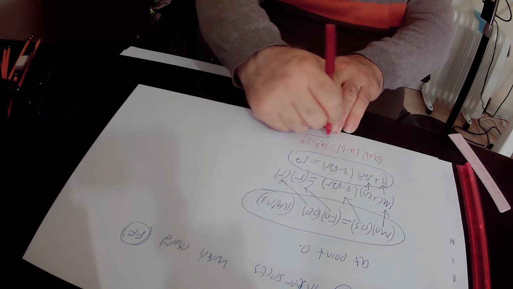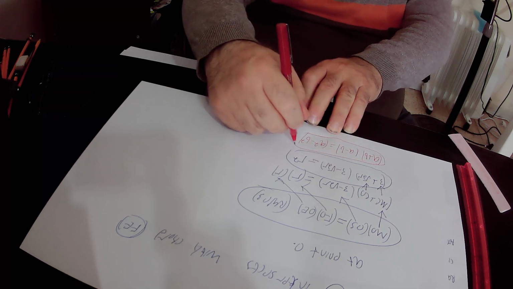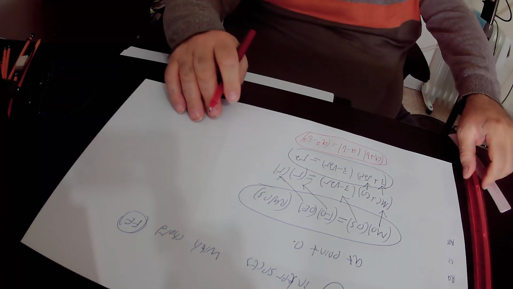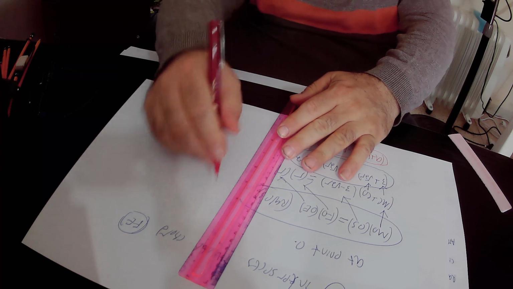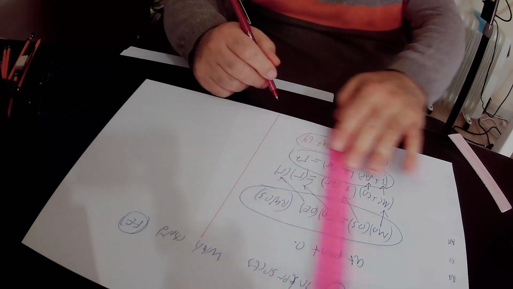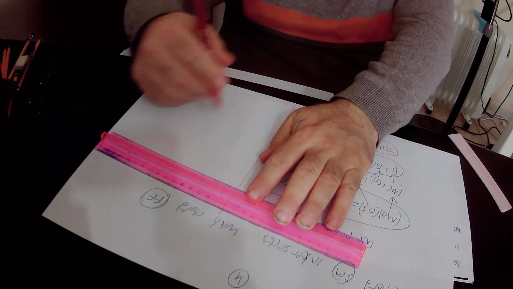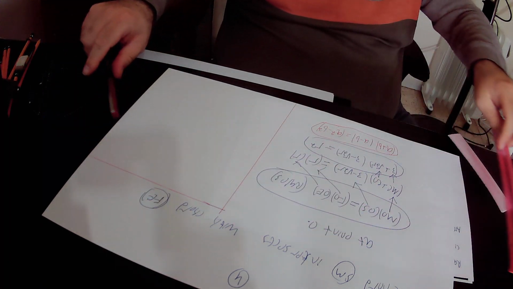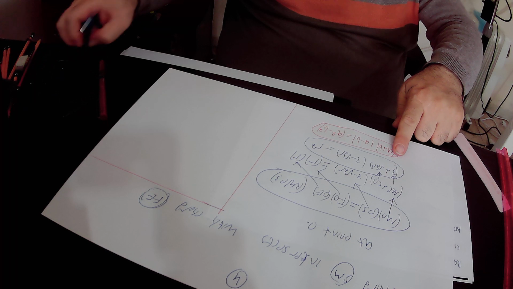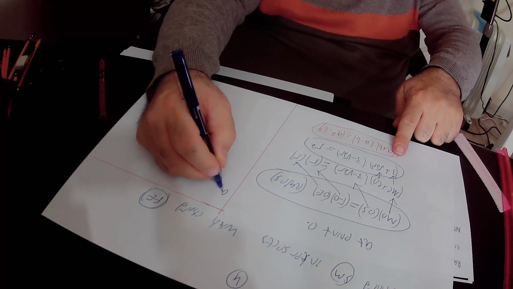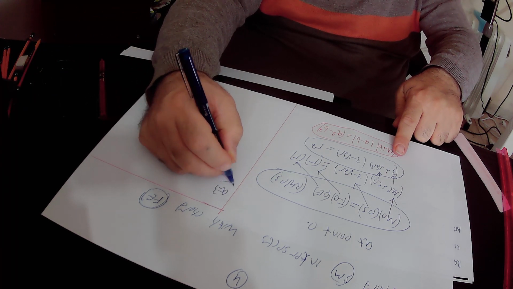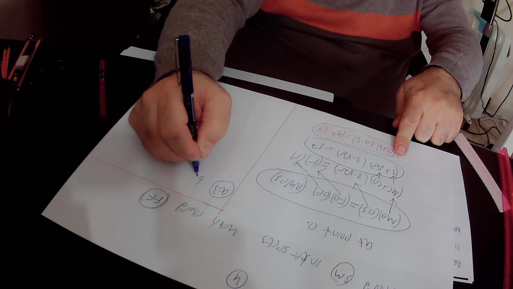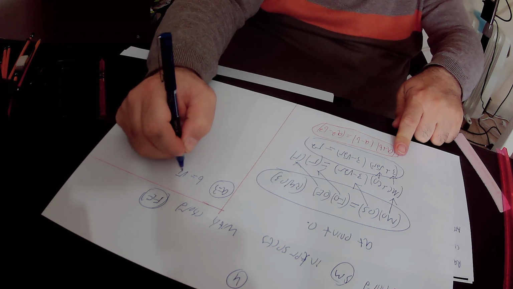In our specific expression, we know that A equals 3 and B equals square root of 2 times R.